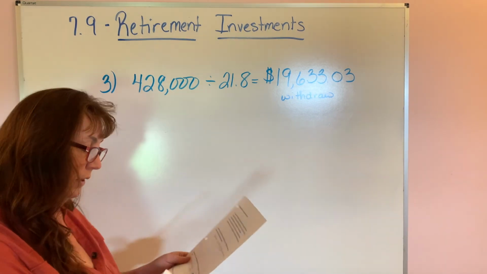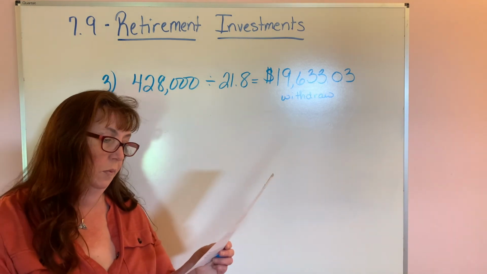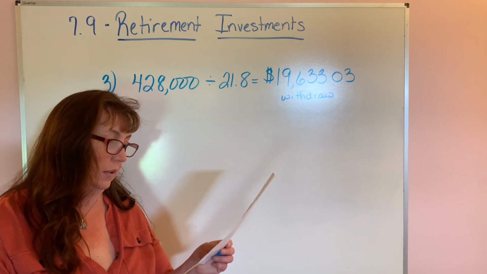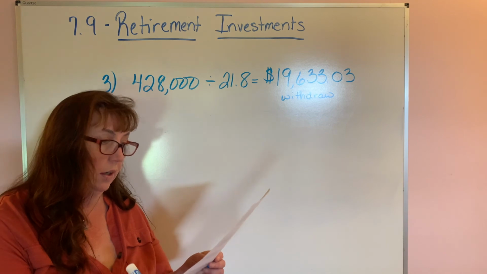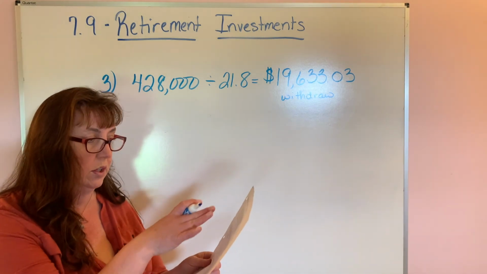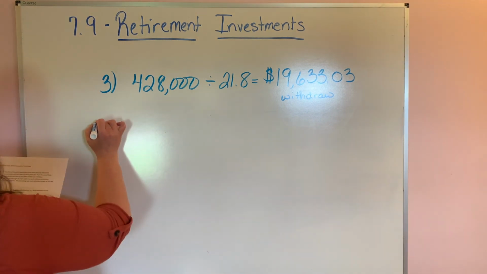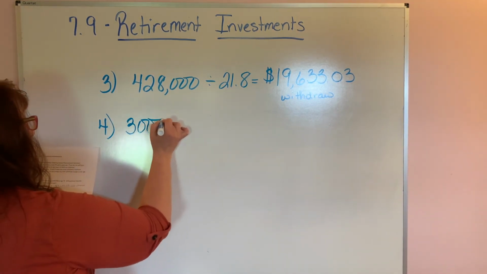All right, let's look at example number 4. Tim withdraws $3,000 from his IRA at age 41. What penalty did he pay? All right, so he gets a penalty of 10%. Remember we talked about that. So, example number 4, he's taking out $3,000.